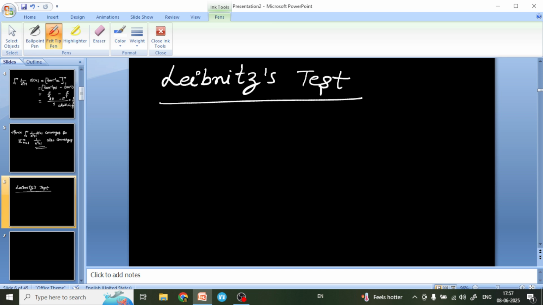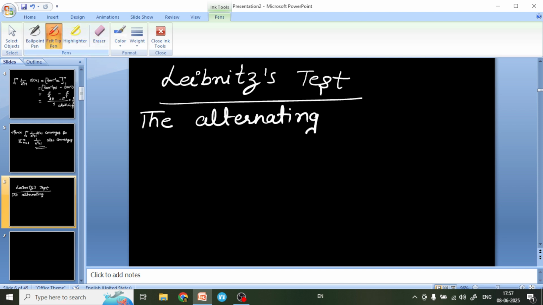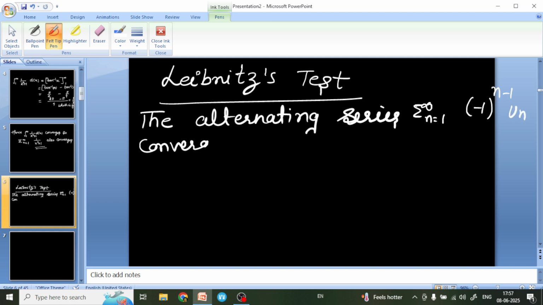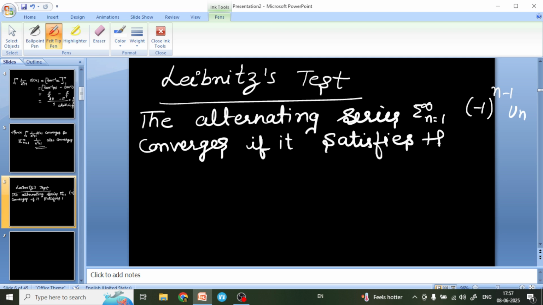In the Leibniz test, we will implement the alternating series test. The alternating series sigma infinite n is equal to 1 of (minus 1) raised to power n minus 1 times un converges if it satisfies the following conditions.